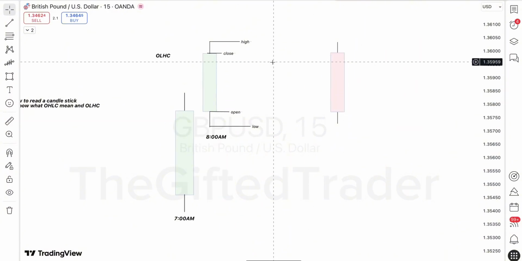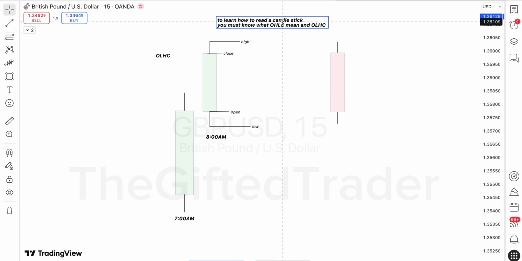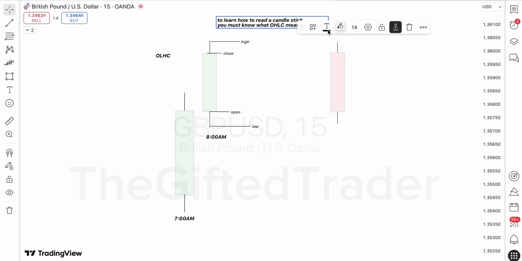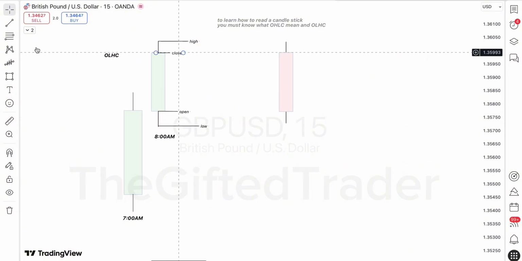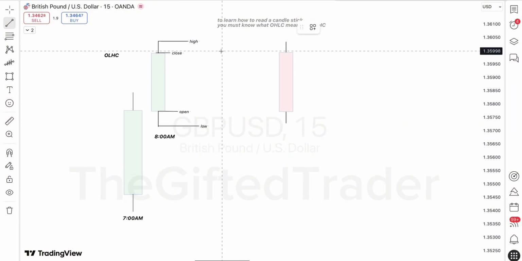All right, this is a bearish candlestick. Let's take this up here and bring it forward a little bit. This is a bearish candlestick for 1 hour. We're using 1 hour as an example.